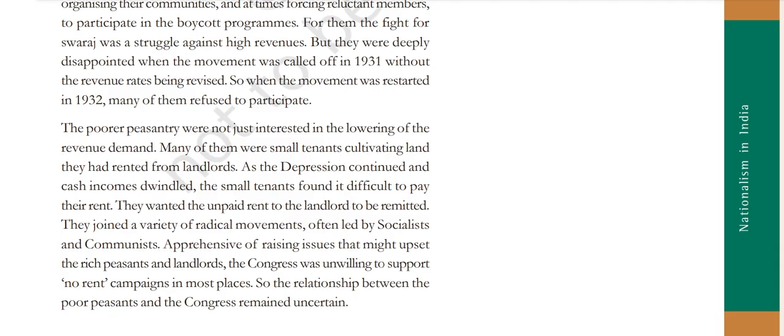They joined a variety of radical movements, often led by socialists and communists. The Congress was apprehensive of raising issues that might upset the rich peasants and landlords, and was unwilling to support no-rent campaigns in most places, so the relationship between the poor peasants and the Congress remained uncertain.